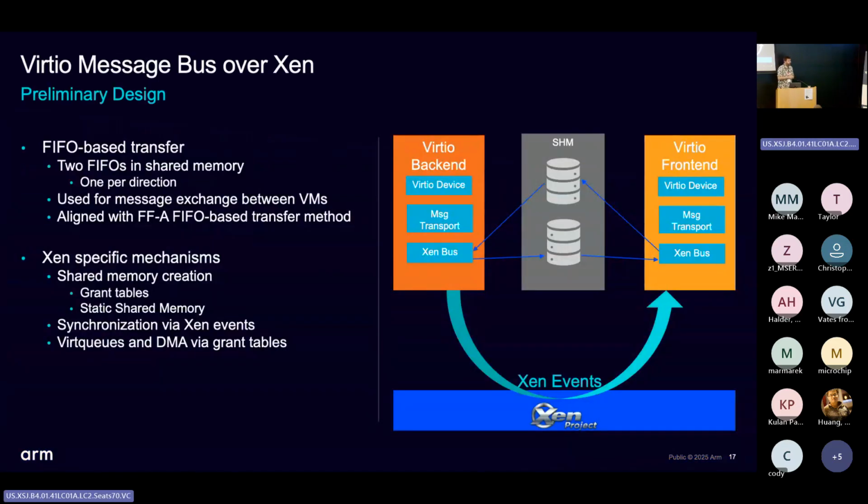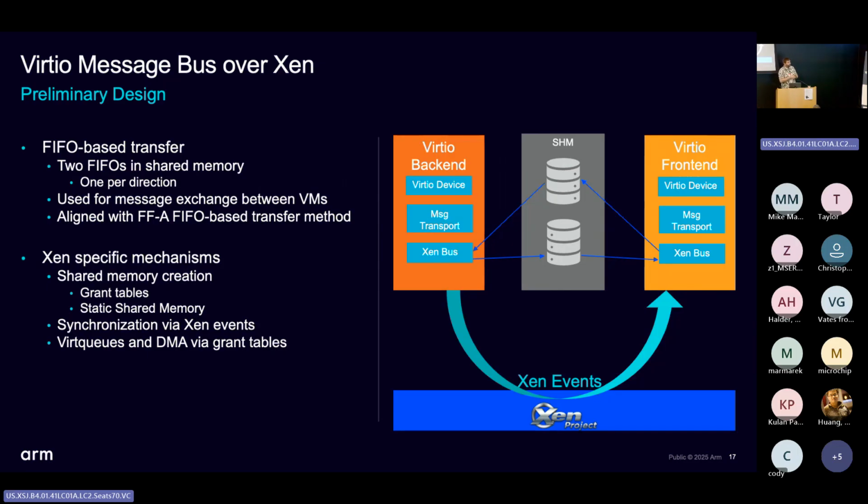How would this work? It would work by transferring messages between VMs using FIFOs stored in shared memory. The idea is you have two FIFOs, you store the messages in the FIFOs, and the other side is reading them. And then we use events for synchronization between the FIFOs.